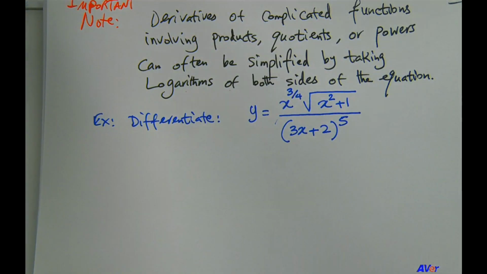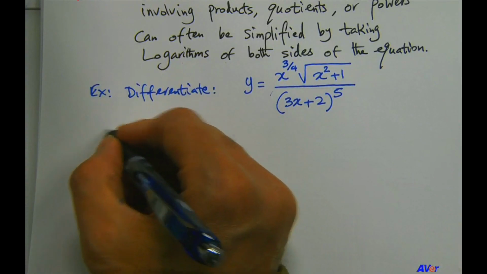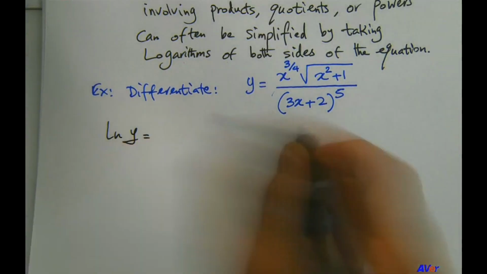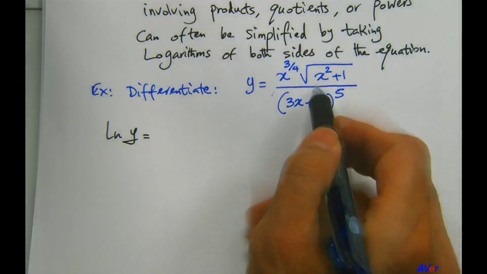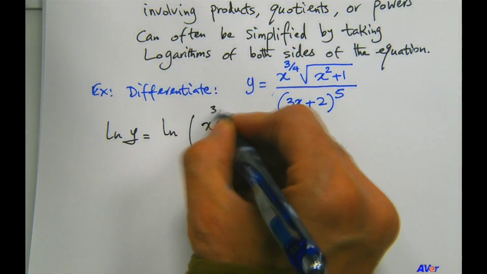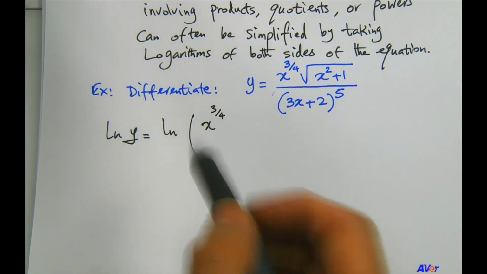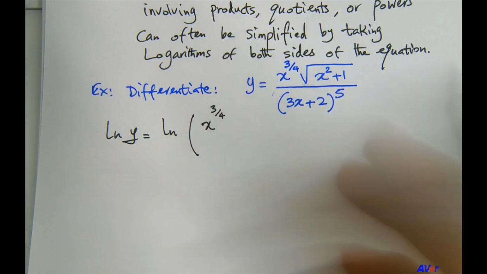But now let's take the logarithm of both sides. Okay, so we want to say natural log of y is equal to natural log of the right-hand side, right? In fact, I really stole this particular example from your book.